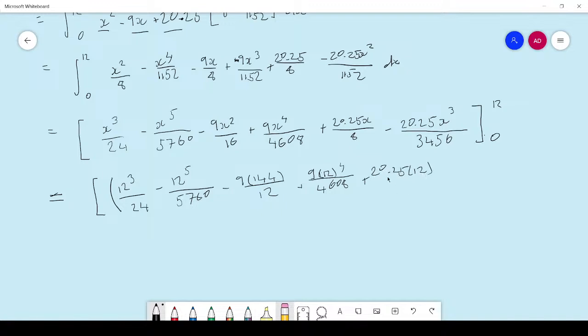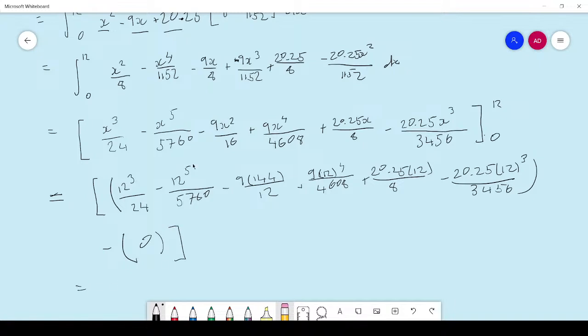Very time consuming though. And this is also where people tend to make mistakes. Well, it's good practice though. And then we'll minus the 0 substitution. So that's going to be 0, that's going to be 0, that's going to be 0. It's all going to be 0.